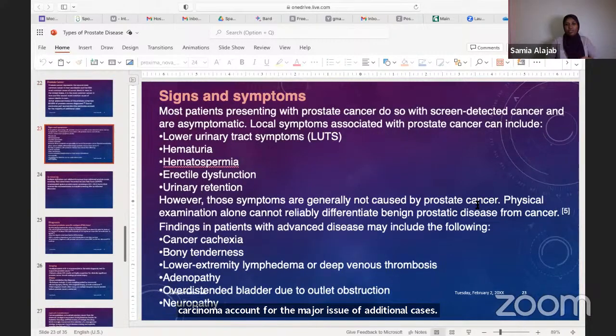Okay, so what are the signs and symptoms that a patient with prostate cancer will present with? Most patients presenting with prostate cancer present with screen-detected cancer and are asymptomatic.